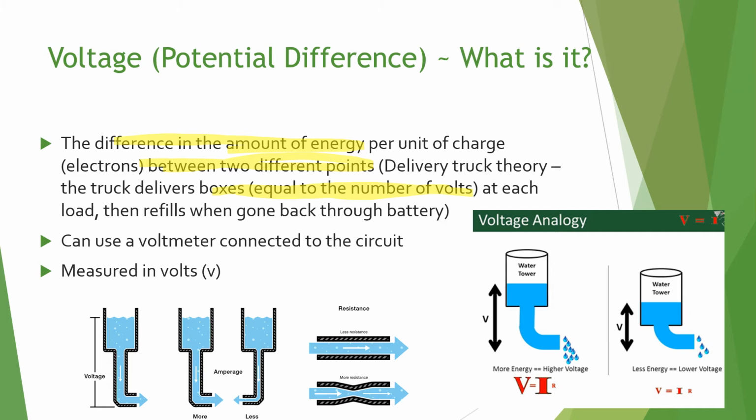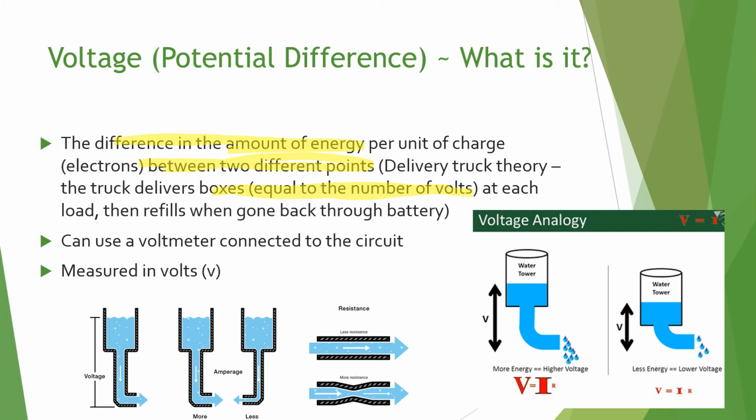The boxes delivered at each stop are equal to the number of volts at each load in a circuit. So the voltage at the first light bulb, then the second light bulb, then the motor, and so on.